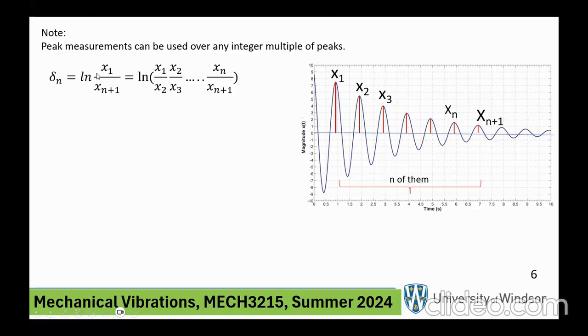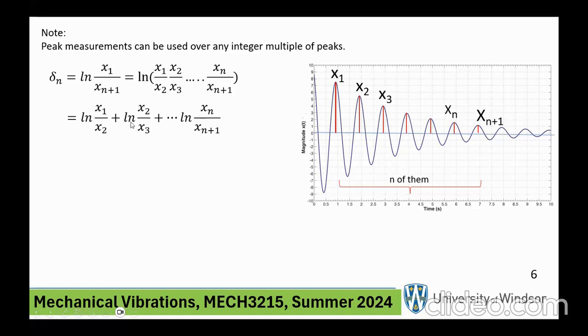Notice that you can rewrite that as x1 over x2, times x2 over x3, and so on. The x2s cancel, the x3s cancel, and you get x1 over x(n+1), exactly this. From the properties of logarithm, you can add these up. The ln of 2 consecutive peaks, isn't that what we call delta?